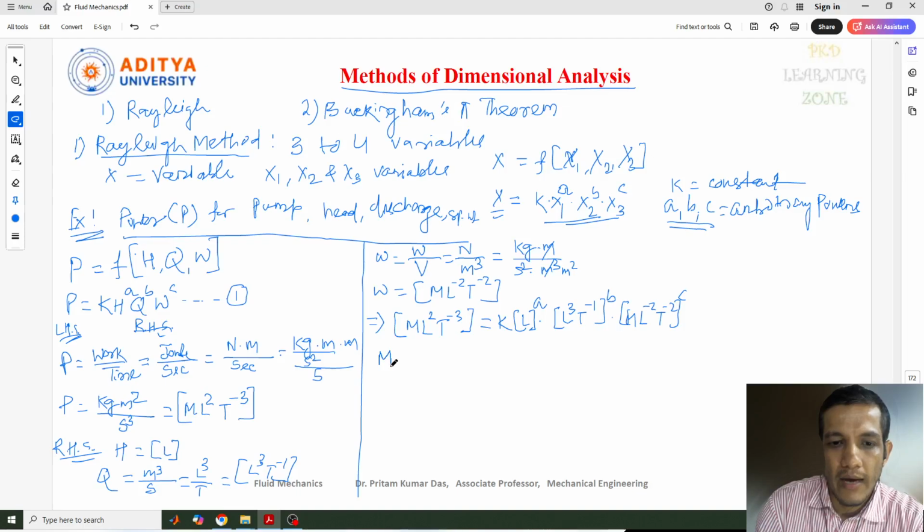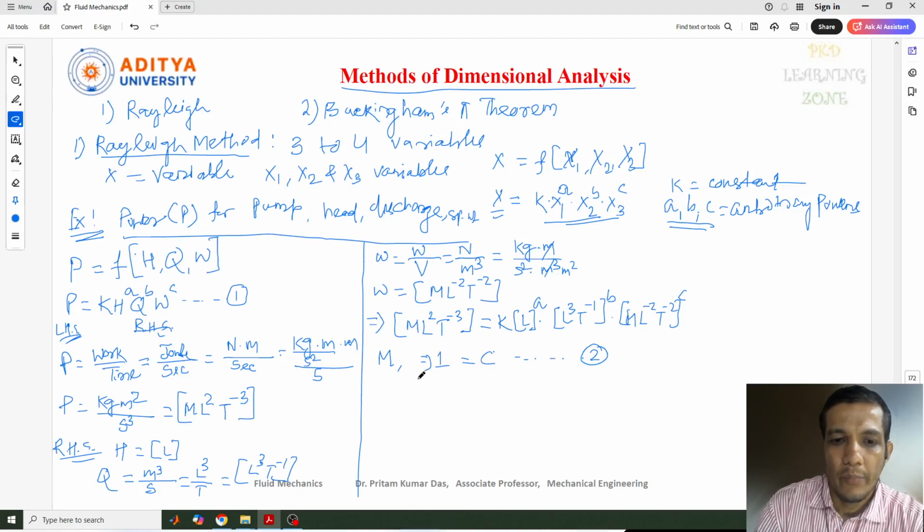For the mass, on this side the mass is to the power 1. And on the right hand side, mass is not there in the first two, and in the last mass is to the power c. So we can write only c. What value of c did we get here? We got c is 1. So we can call this equation 2.